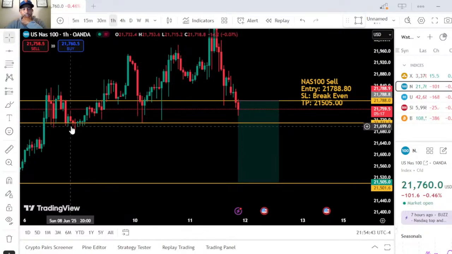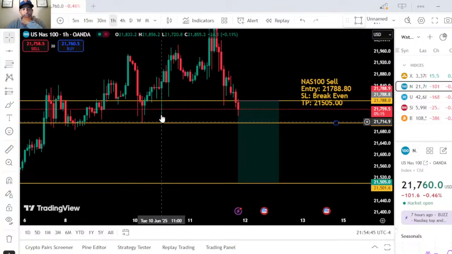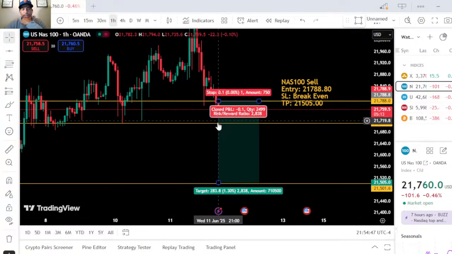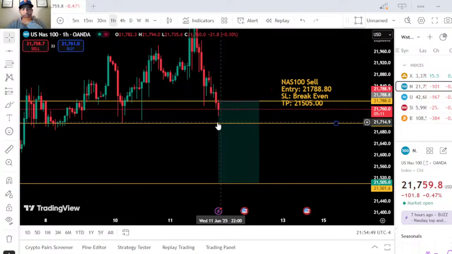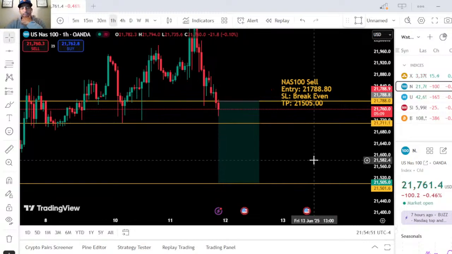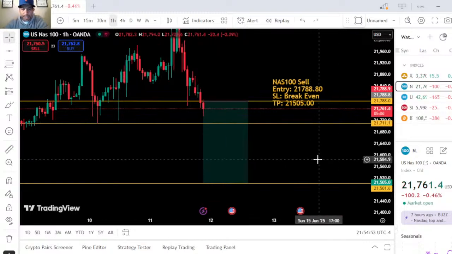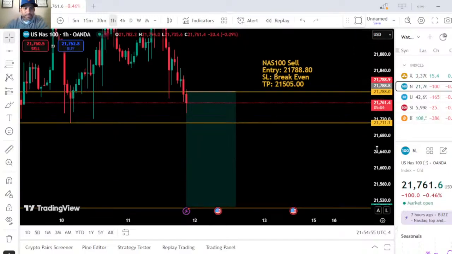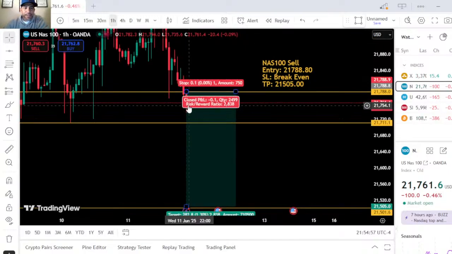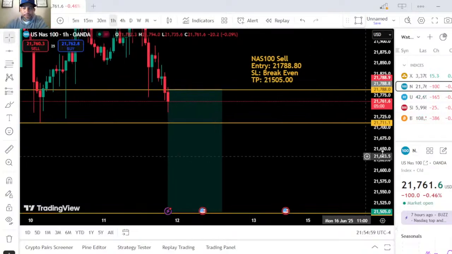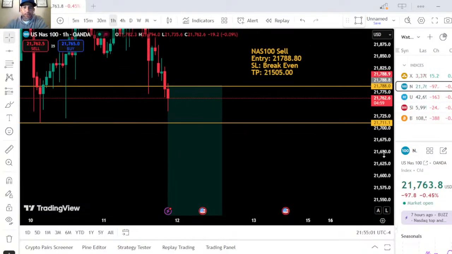You see how we got a rejection here? We got this wick rejection. I want to make sure I secure something before we get that rejection, if we're going to get it. But if it doesn't come down and tap in and it takes us out, then I'm okay. We're not losing any money anyway.